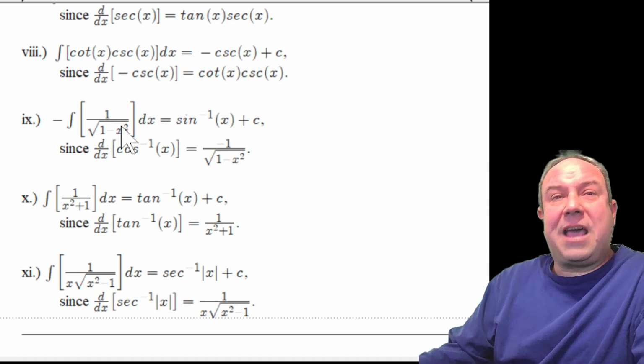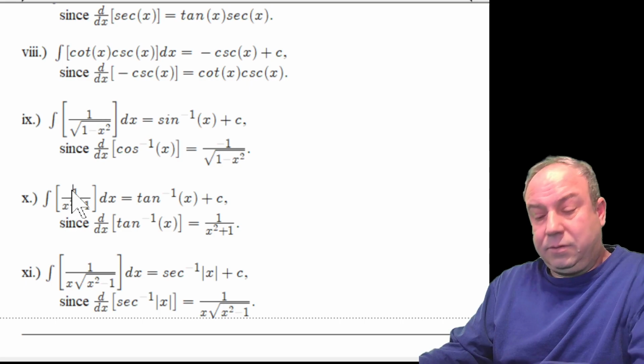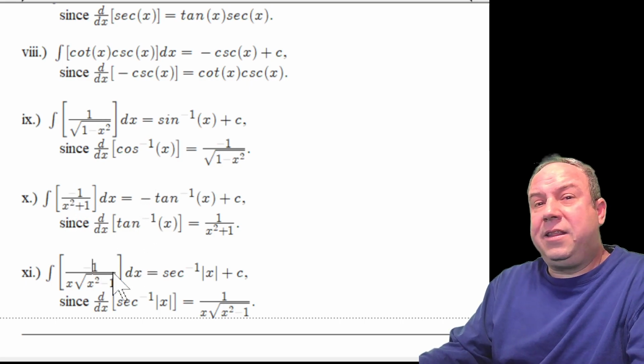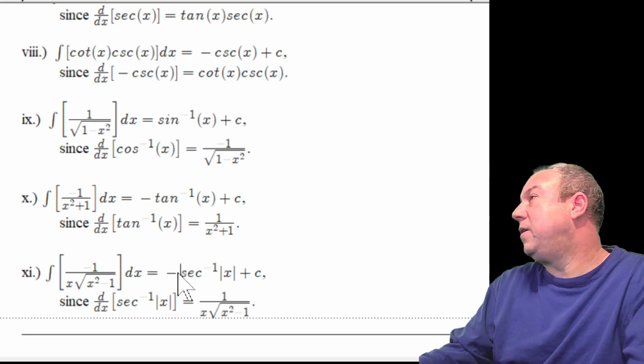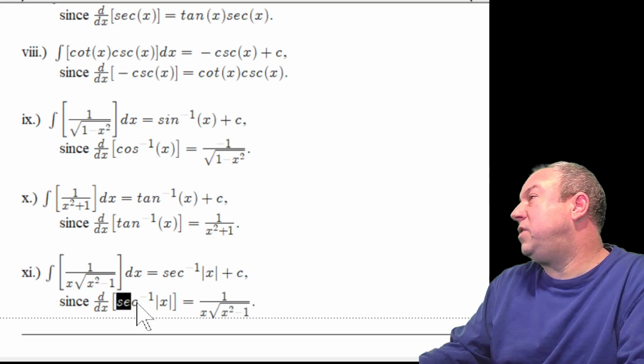All right? And that same trick can be used here in the case for tangent inverse and in the case for secant inverse. The opposite of their behaviors describe the exact same slopes that would be described by the derivative operations on the cosecant inverse or the cotangent inverse functions.